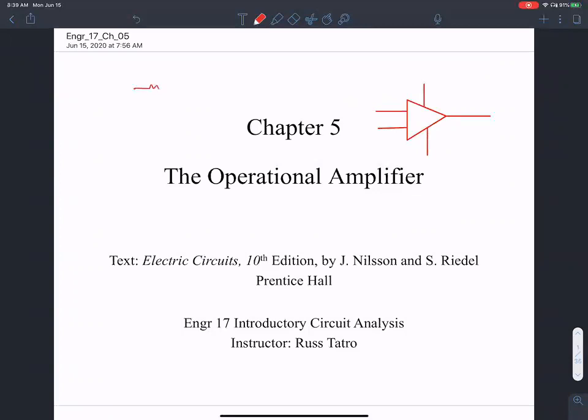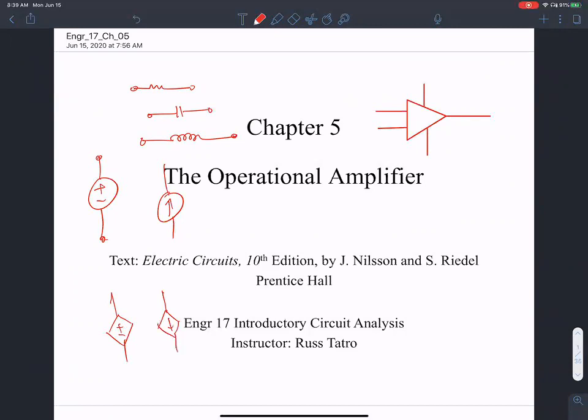So far we looked at a resistance which has only 2 terminals, maybe a capacitance which has 2 terminals, an inductance, 2 terminals as well, a voltage source, 2 terminals, a current source, the same, and even a dependent voltage source, a dependent current source. So all we have seen so far are circuits or elements with 2 terminals.